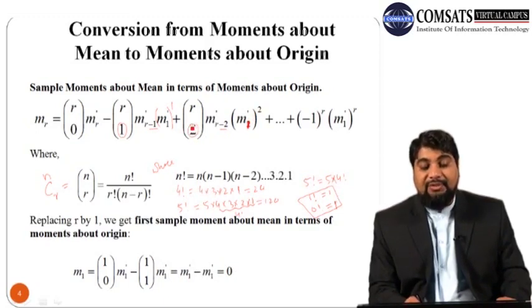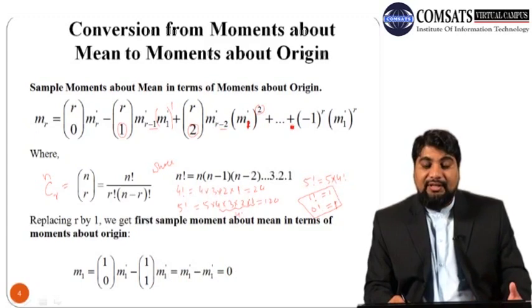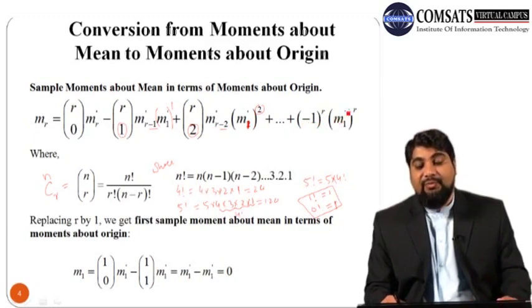So here we have number 2, so take square of m'_1 and then subtract this number 2 from this r. And similarly, if we proceed in the same way, the last term will be minus 1 raised to power r into m'_1 raised to power r.